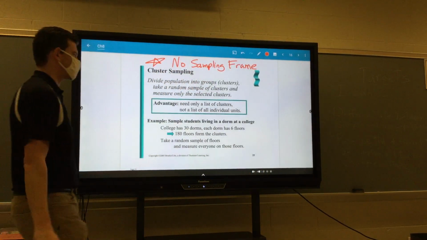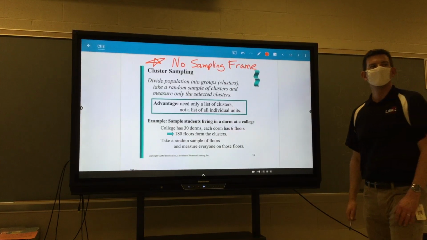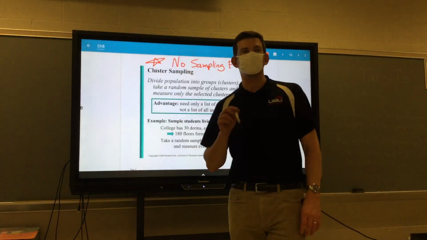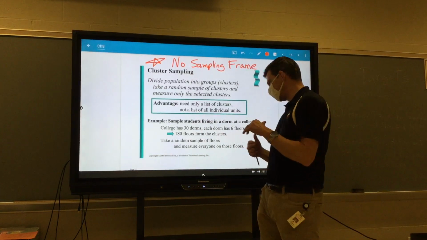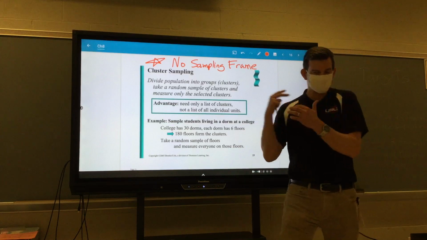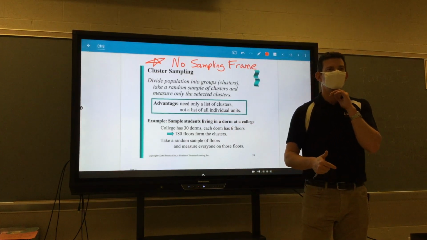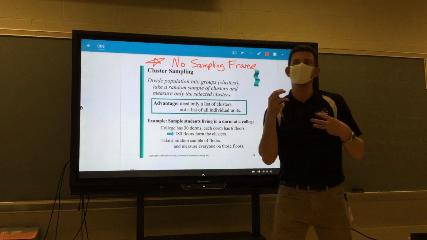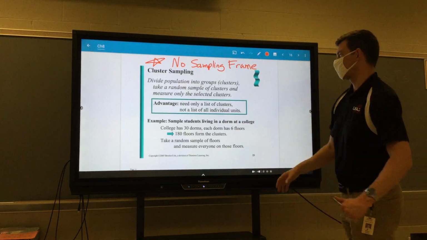That's what's good about cluster. The way cluster sampling works is you split the population into these groups based off of some insignificant feature. Okay? We said with the stratified, they had some identifying characteristic. Okay? Usually that's a geographic thing.